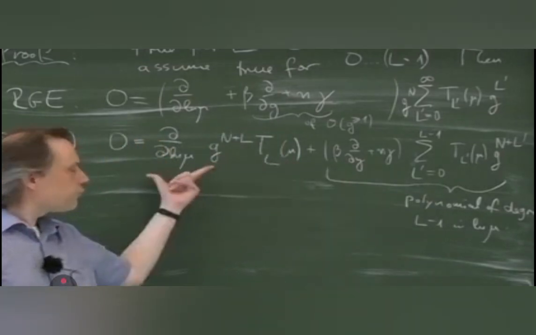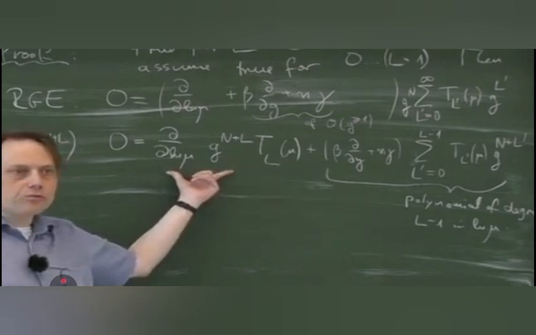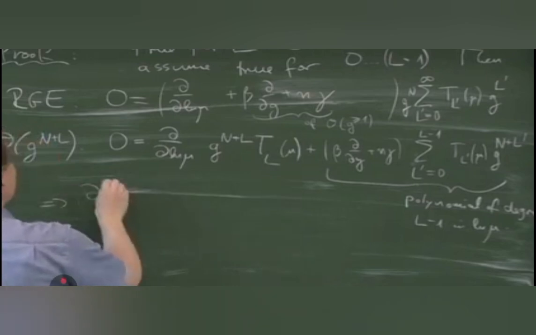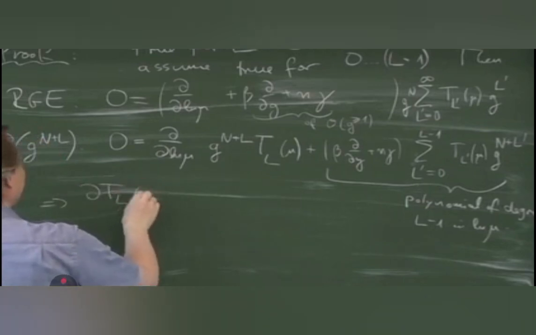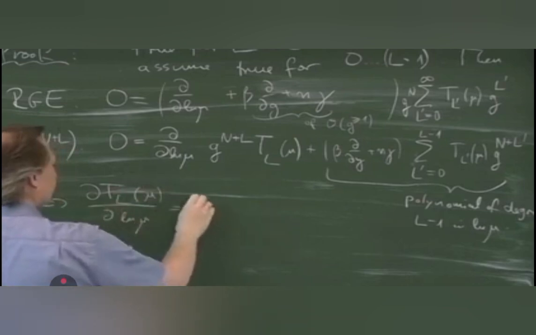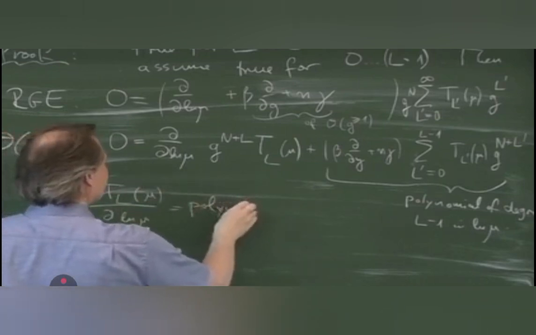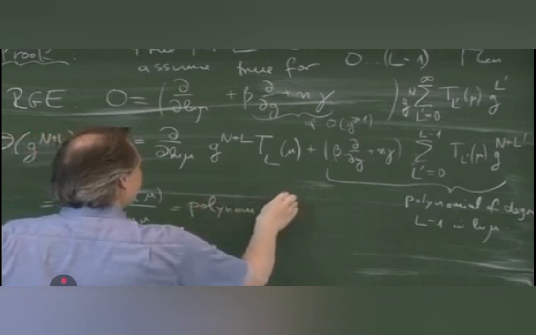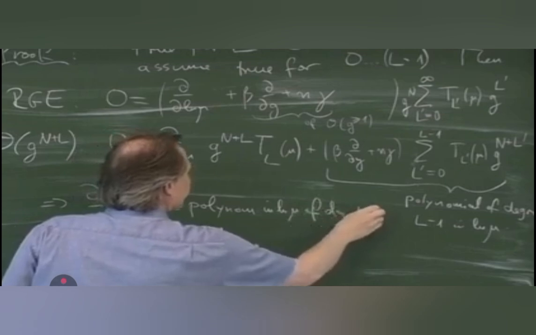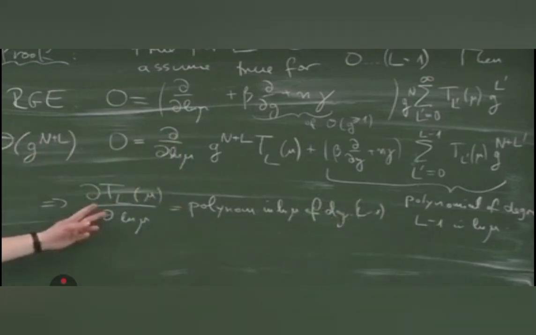This here must also be a polynomial of L. The first derivative is a polynomial of L minus 1.